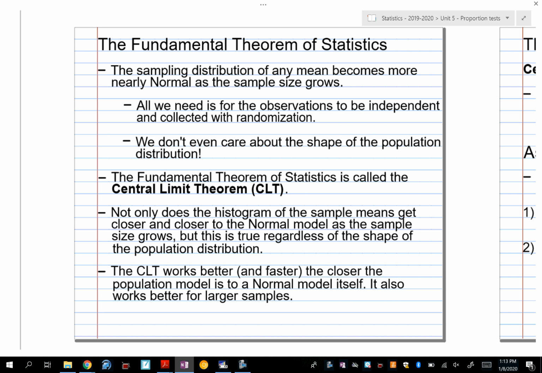These sampling distribution models for these sample means can still be approximated using the normal model as long as your sample size is large enough. And the larger the sample size, the more confident you can be that it looks normal. You're going to hear that a lot over basically the next 4 months. So that's what's happening with the central limit theorem.